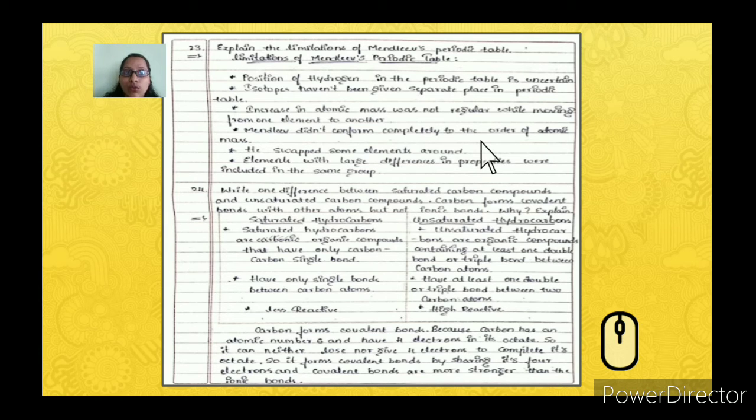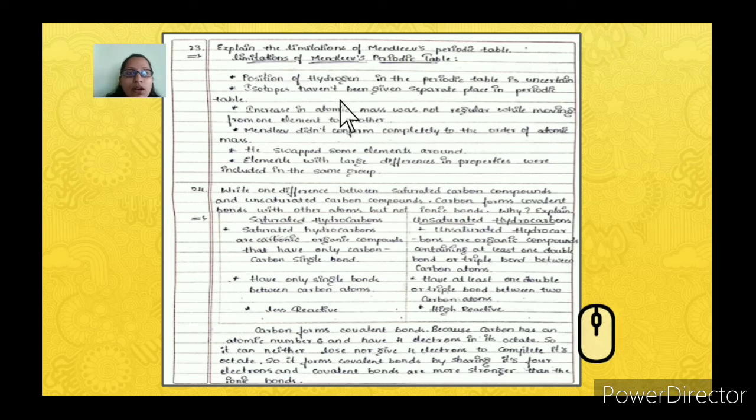He swapped some elements in between the placed elements. Elements with larger differences in properties were included in the same group. So the grouping was done with a large number of differences and was not done properly. These are the limitations of Mendeleev's periodic table.